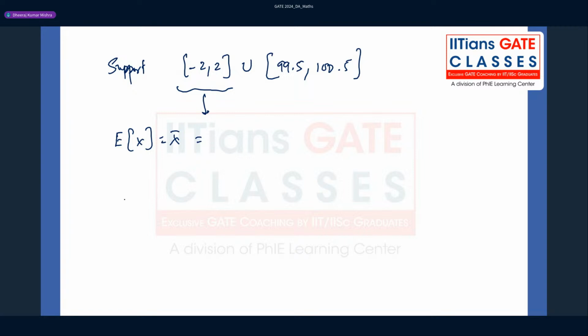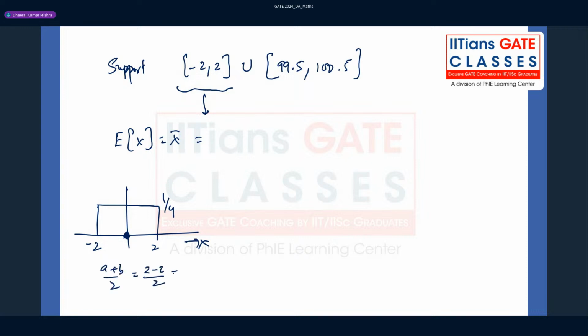You see, let me draw this picture. So -2 and 2. This is x. So over -2 to 2 the height will be 1 by 4. So you know that the mean is going to be 0 here. Also you can verify with (a plus b) by 2, which is (2 minus 2) by 2, which is nothing but 0.